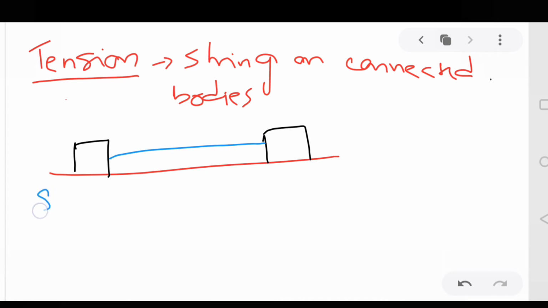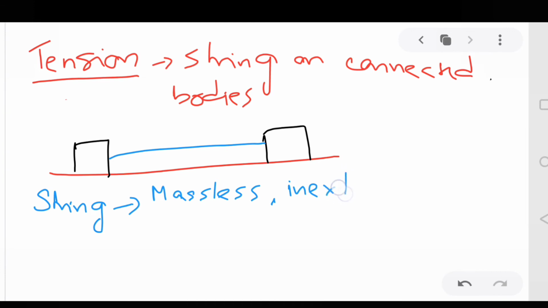Now this string has certain features: it is massless, it is inextensible, and it is tight.